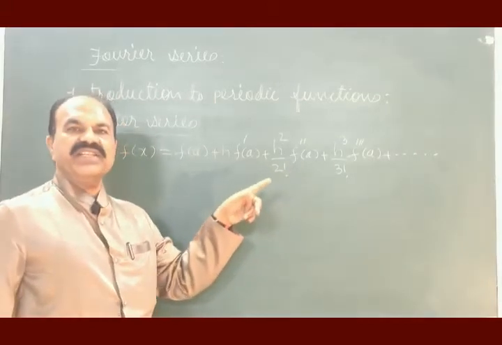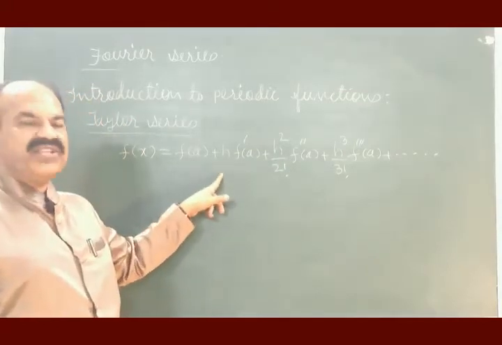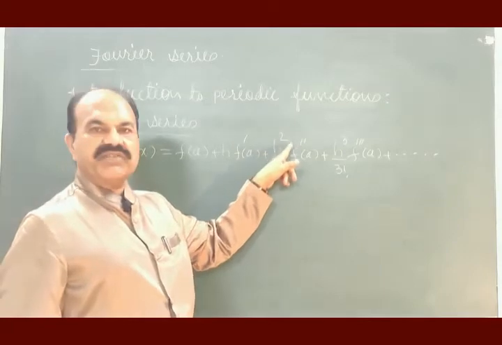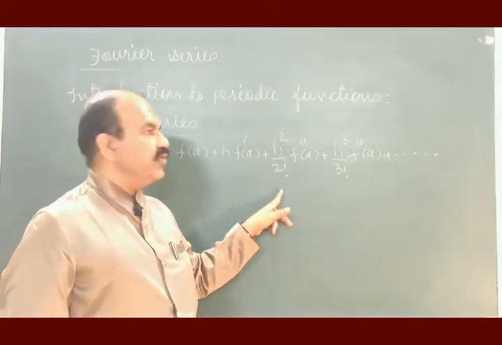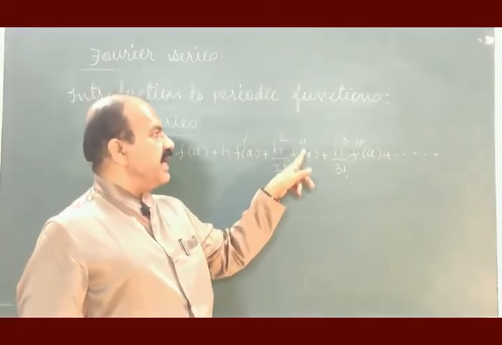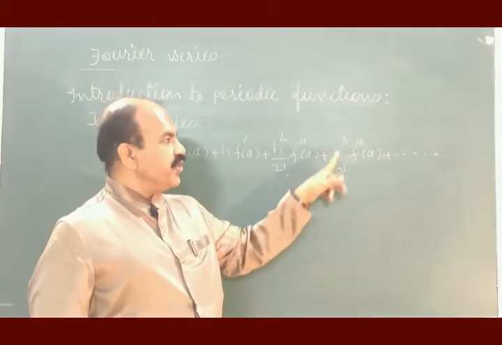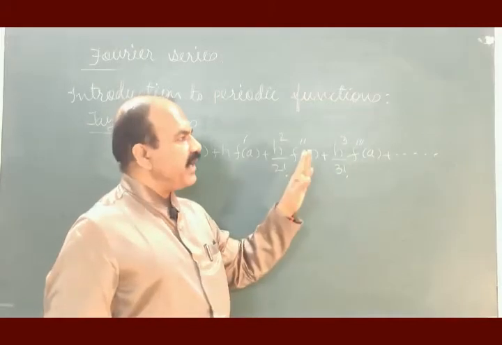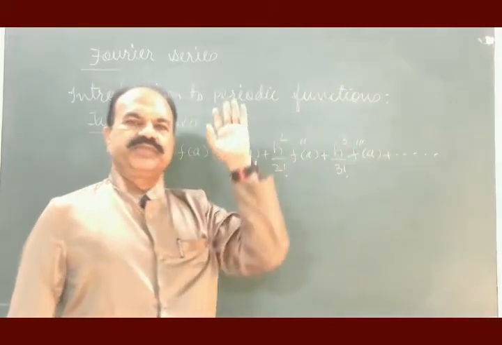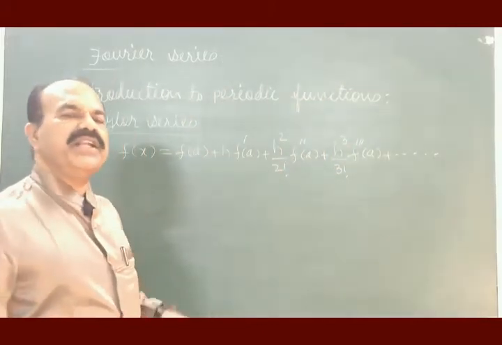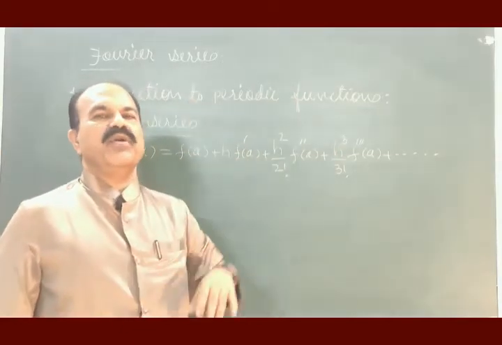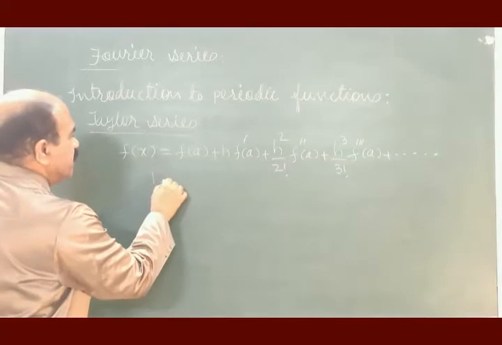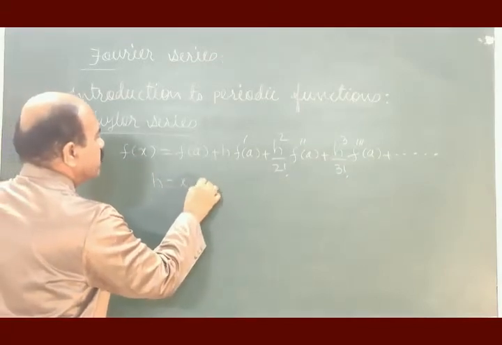may be written this way: f of a plus h f dash of a plus h square divided by factorial 2 f double dash of a plus h cube divided by factorial 3 f triple dash of a plus so on. This can be continued to large number of terms, where this h is given by x minus a.